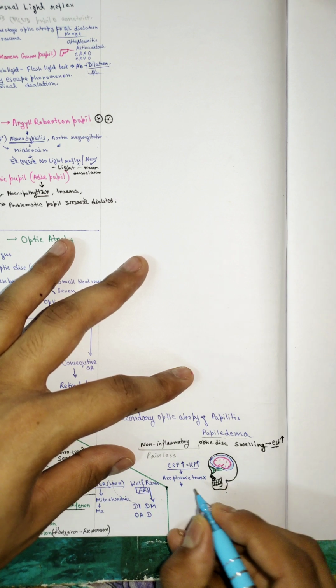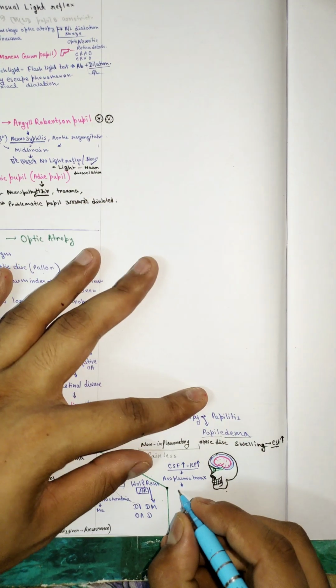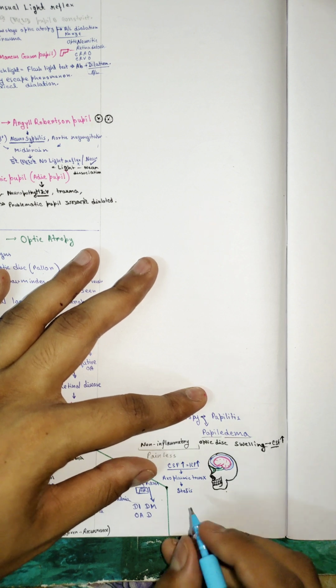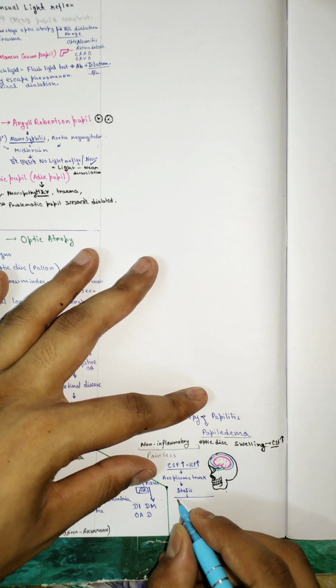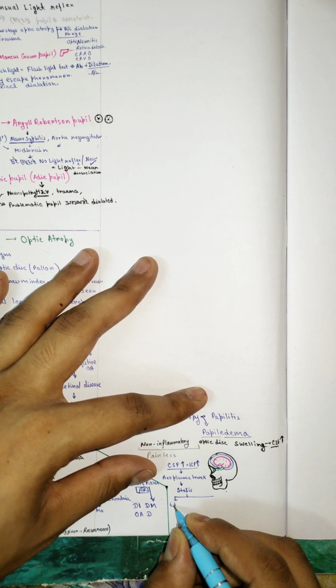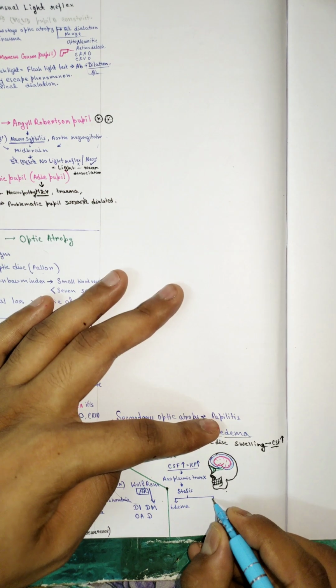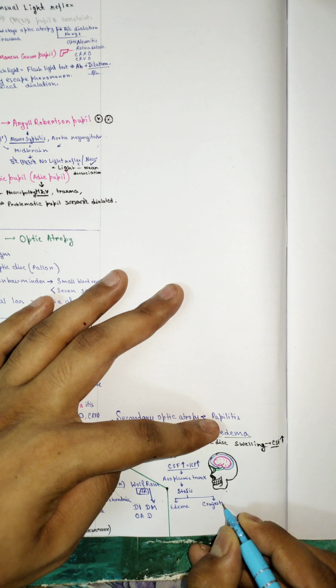Axoplasmic transport, that means simple nerve conduction will be blocked to cause a stasis, that means stoppage. Stasis will cause two things. One is edema, fluid will come out, and congestion, fluid will accumulate.